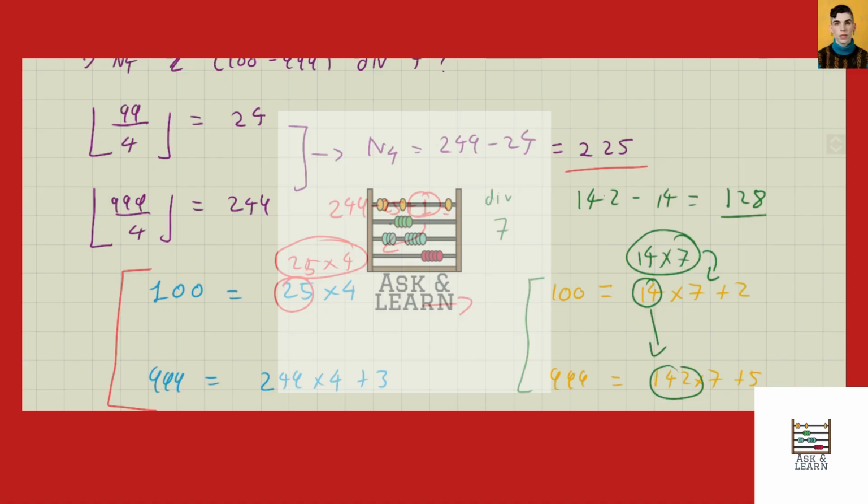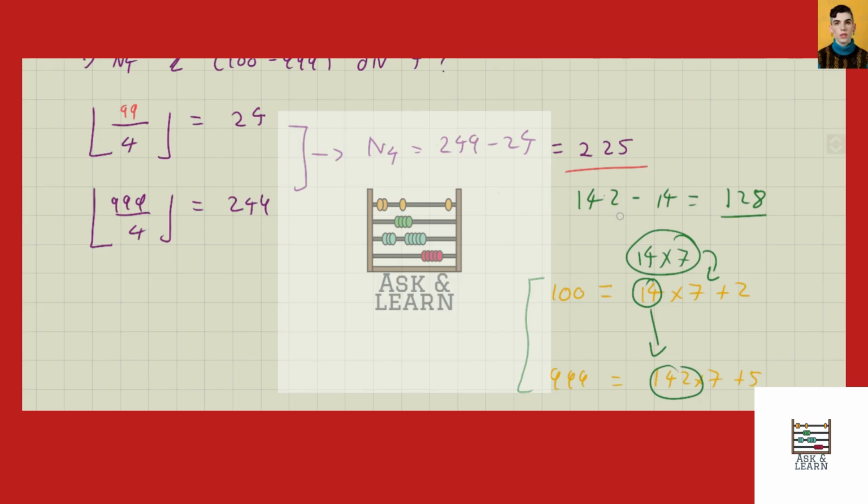But to make things easier, when you see that the number you're dividing, 100 divided by 4, is contained in the floor function, you need to take immediately one number less, that is 99. Okay, so that's the idea here. So that's why we consider the 99.